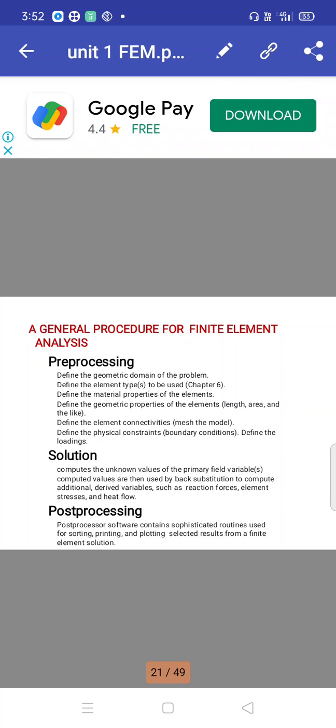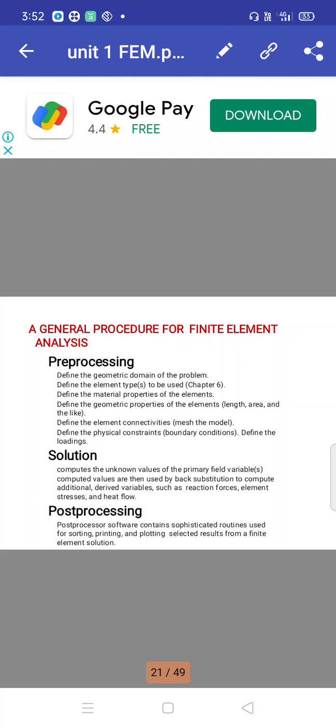Define the element connectivities, that is, mesh the model. Define the physical constraints, boundary conditions. Define the loadings. Then solution: compute the unknown values of the primary field variable. The computed values are then used by back substitution to compute additional derived variables such as reaction forces, element stresses and heat flow.